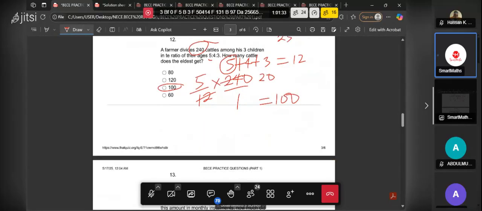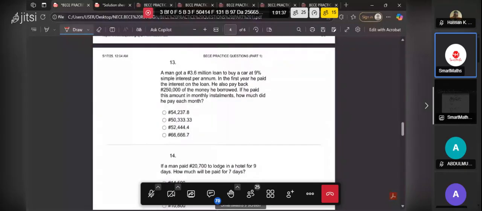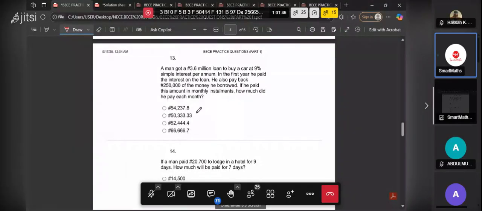All right. I thought we were going to finish the first part of this paper. So we go to 13. We can finish it. A man got a 3.6 million naira loan to buy a car at 9% simple interest per annum. In the first year, he paid the interest on the loan. He also paid back 250 of the money he borrowed.